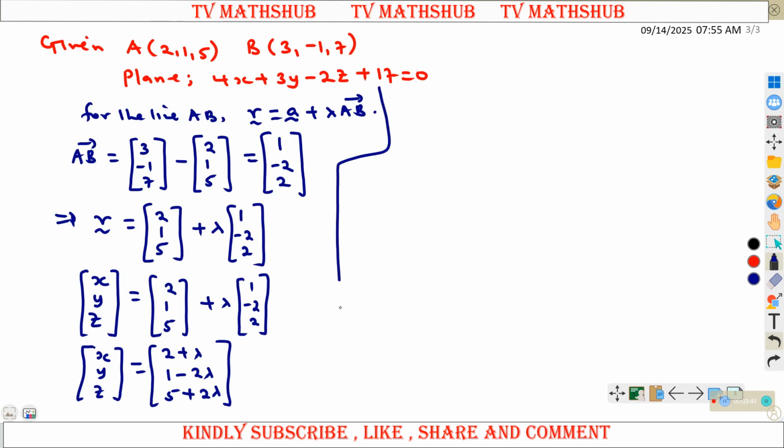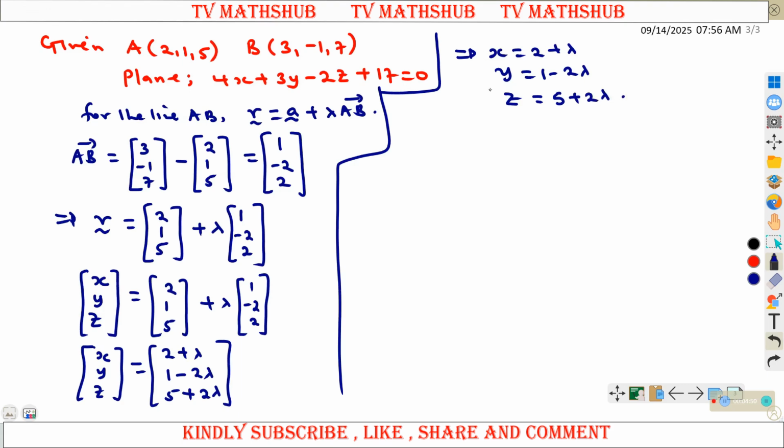So from here, we can go further and say that for this matrix to be equal to this, these components must also be equal. And for that case, we can have x as 2 plus lambda, y as 1 minus 2 lambda, and z as 5 plus 2 lambda.